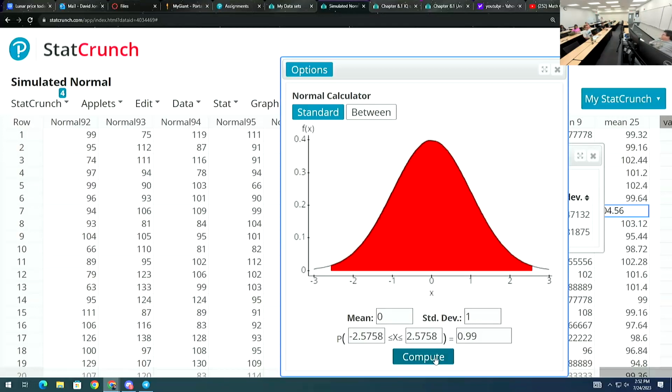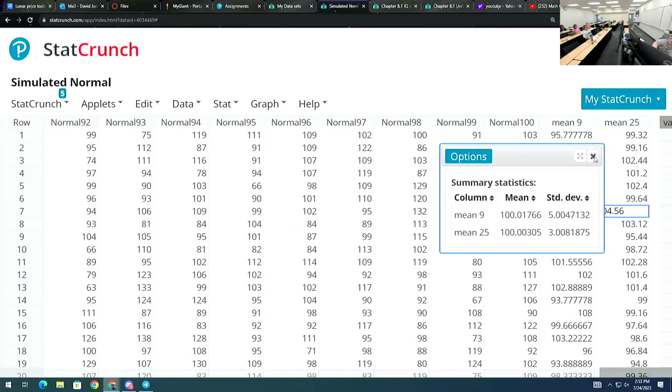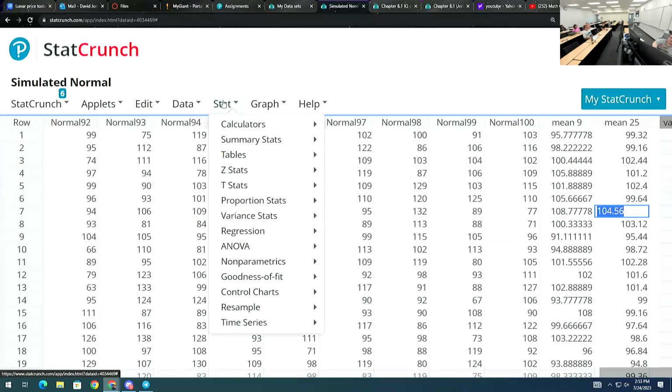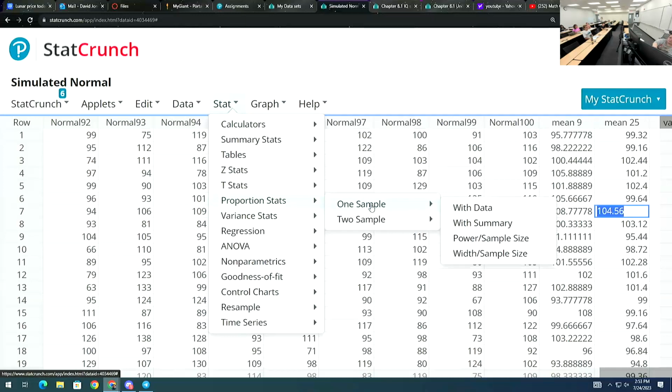What we're going to do to find confidence intervals is this. Because we don't know the mean and all that, we are going to go Stats, Proportion Stats, and I'll write this down in a second. One sample with summary.